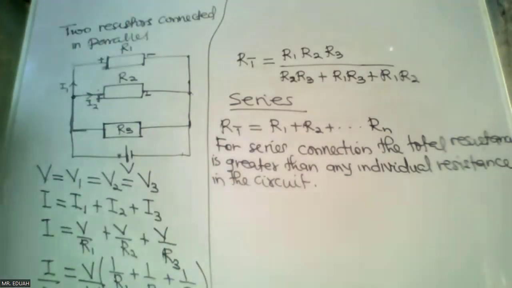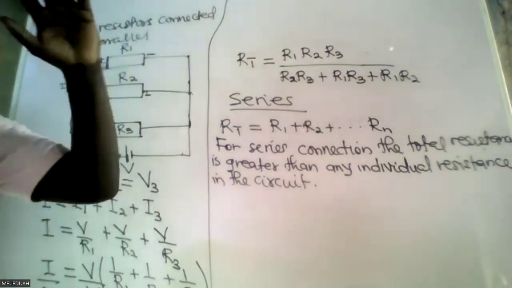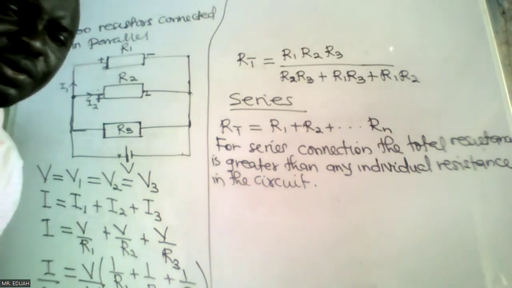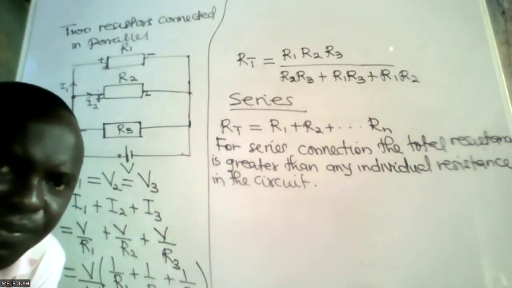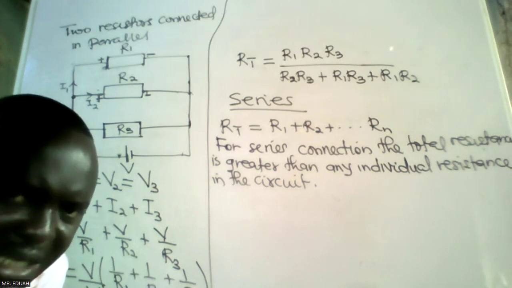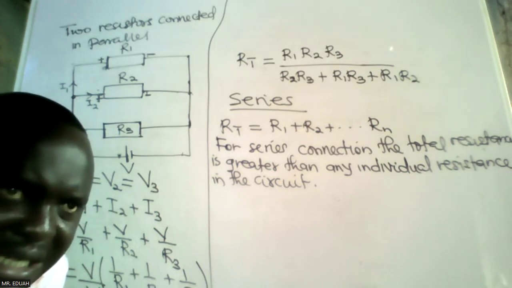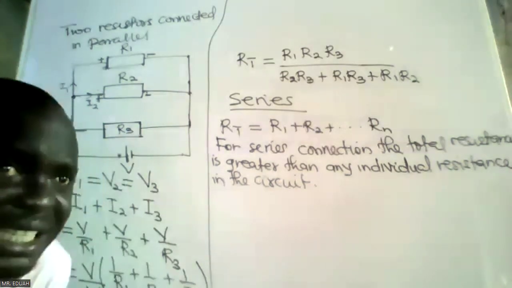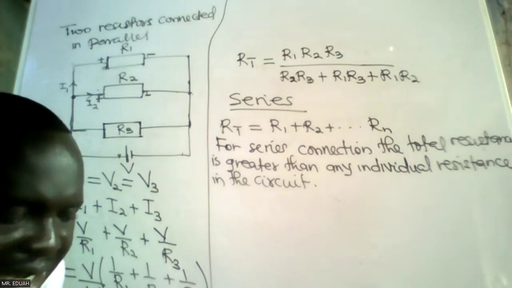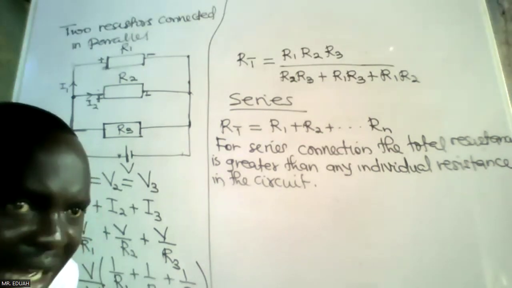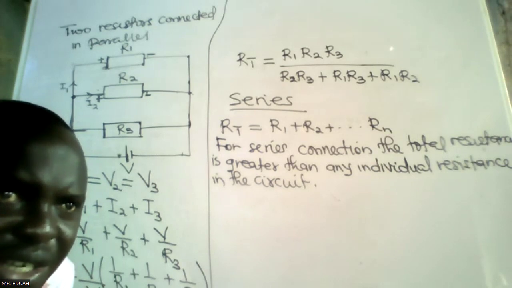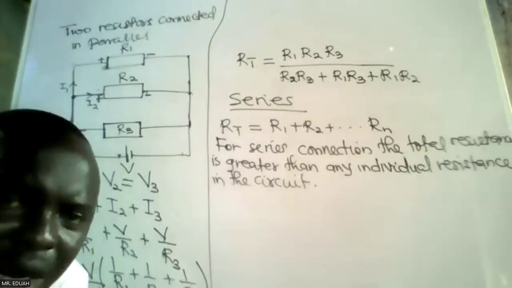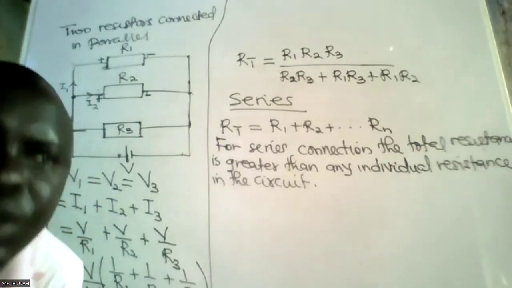So practically, if you have an electrical connection and you have a number of resistors, and what you, or whoever is designing the circuit, desire is to have a total resistance which is greater than any one of them, the advice is that you connect all the resistors in series.